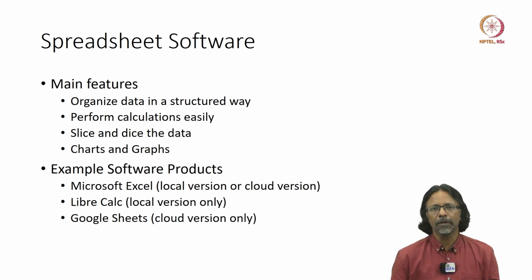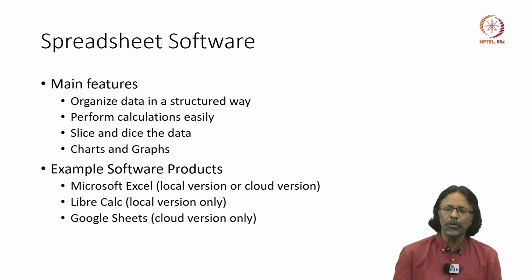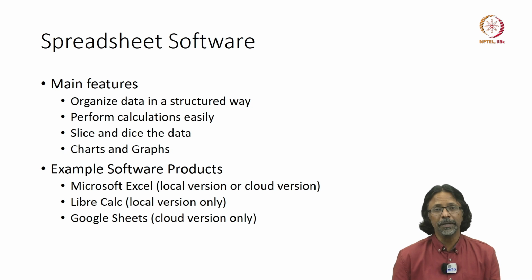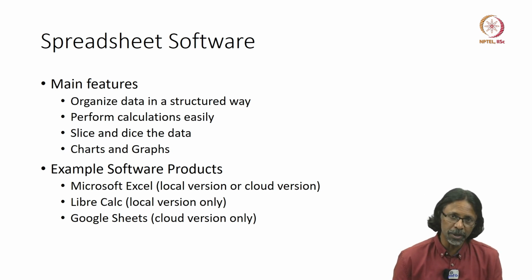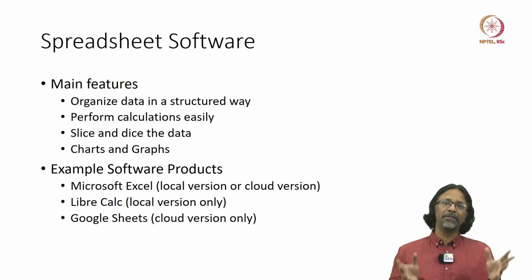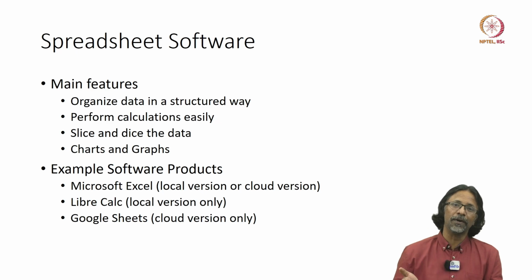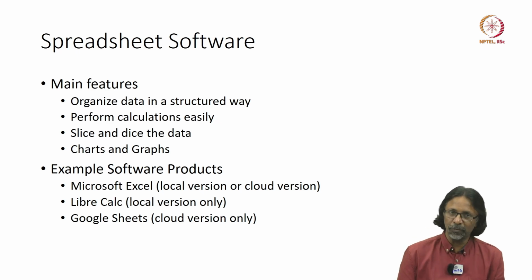Before I move on, I do want to point out that if you have access to internet, the biggest advantage of using the cloud version is that the files you create are also stored on the cloud, which means that you can access those files from any place, anywhere.